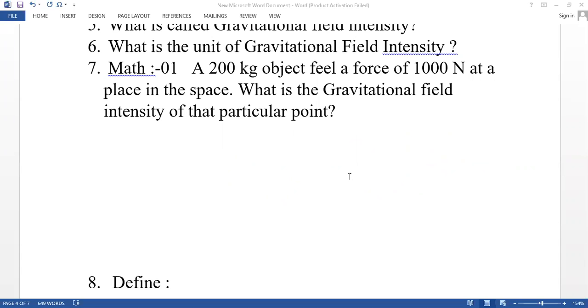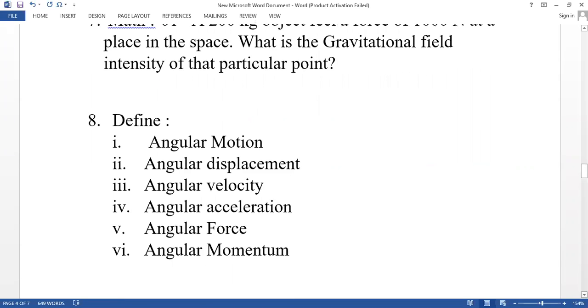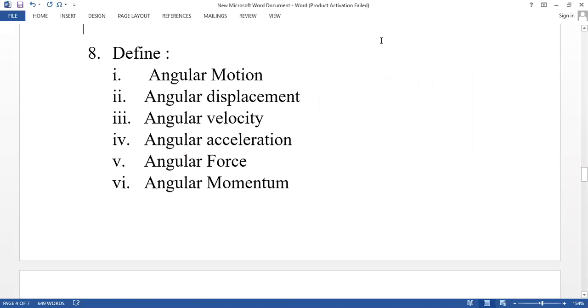And now I'll go to another topic, which is also discussed in your previous chapter 3: angular motion. Define angular motion.